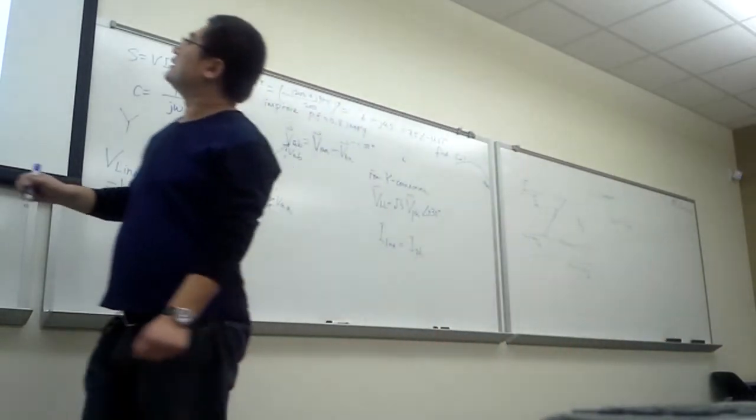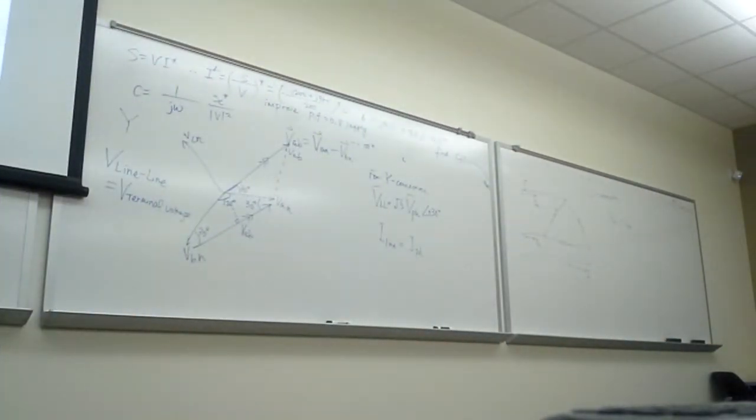If you look at the phasor diagram, we have phase currents IAB, IBC, and ICA. According to KCL, at each node, IA is equal to what? It's equal to IAB minus ICA, right? According to KCL, this is what we find.